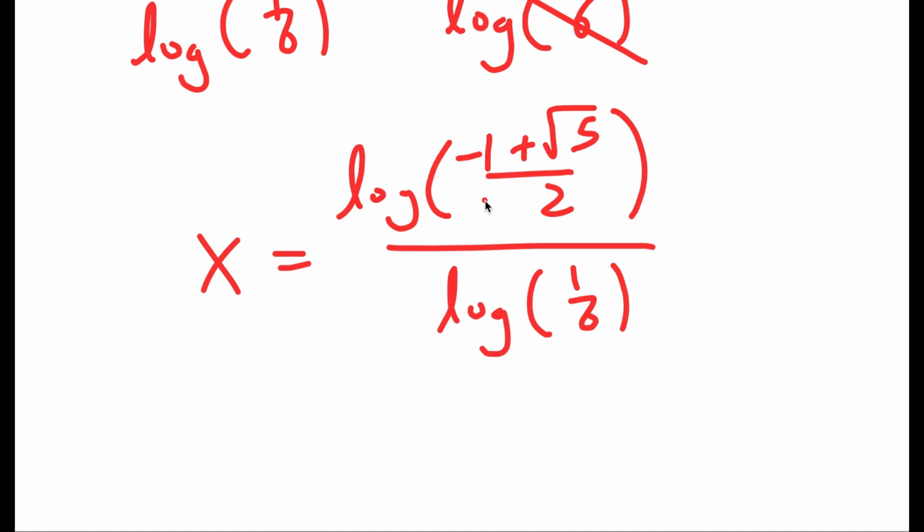We can say this is a solution, but to find the exact value, I'm going to use a calculator right here, and I'm going to plug in log of negative 1 plus the square root of 5 all over 2.